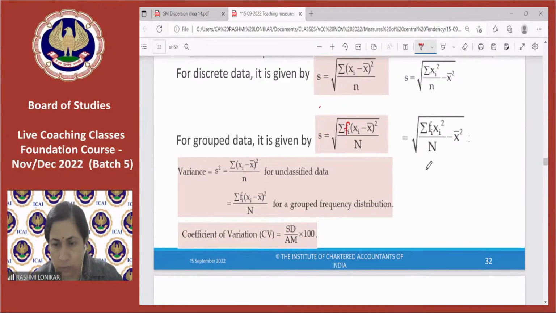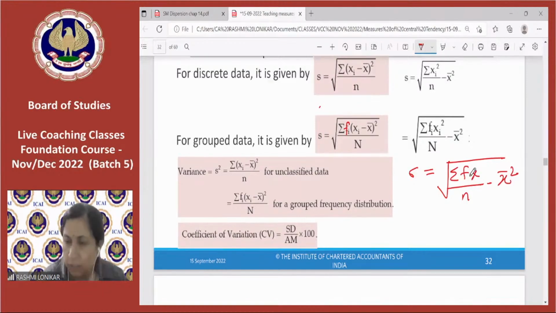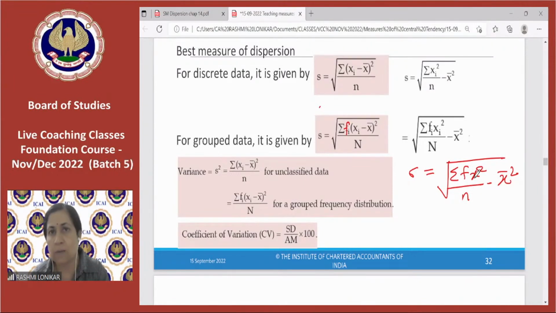You can write the standard deviation for grouped data as the square root of summation fx square upon n minus x bar square. So you take the numbers, square them, multiply by the frequency, add them up, divide by n, and then subtract the mean square.